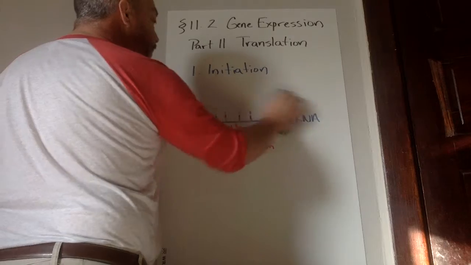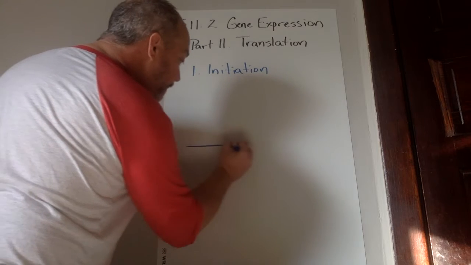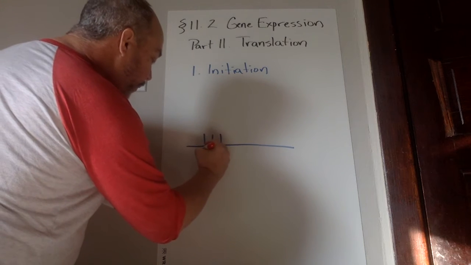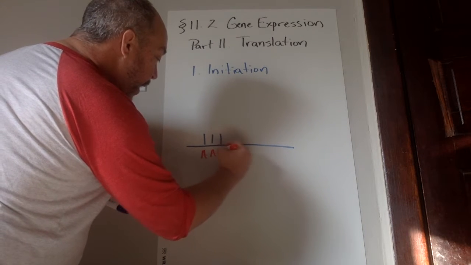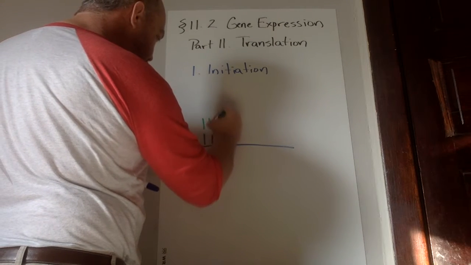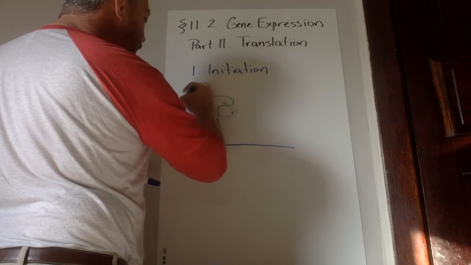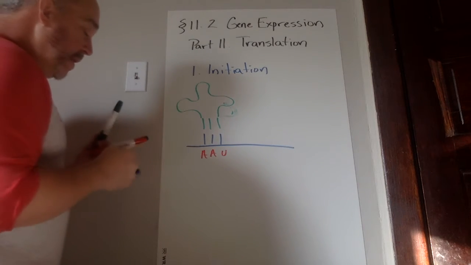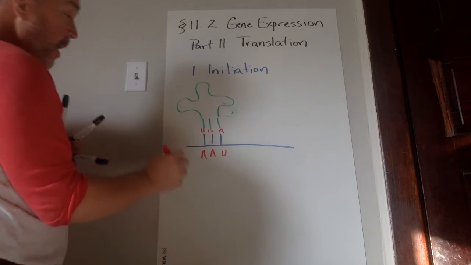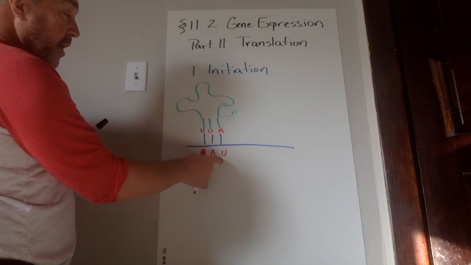So for instance, if my mRNA has, let's say, AAU, then the anticodon is going to be complementary, and it is going to have UUA. Because remember, A and U are complementary in RNA.